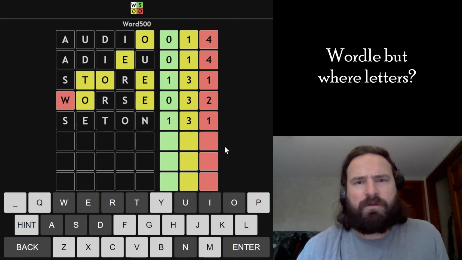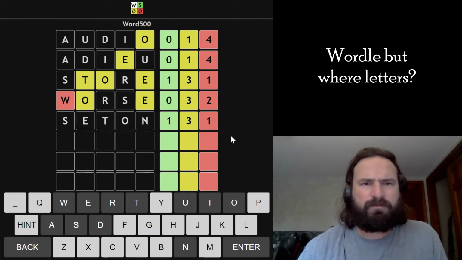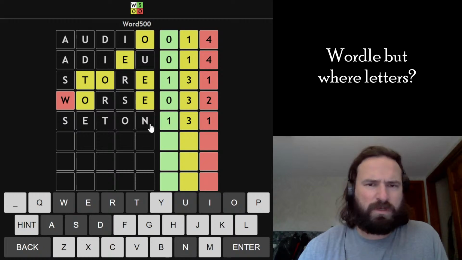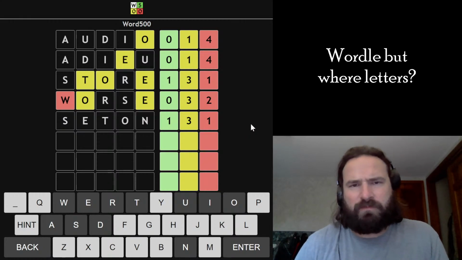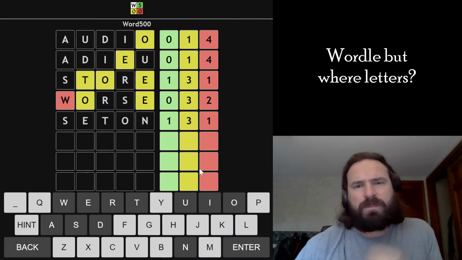Wow. How is there only one green? Where are the E and the O going to go? Alright, this makes me think these are four letters from store. The N could be in, but I'm getting very confused as to where the O and the E are going to go. Wow.